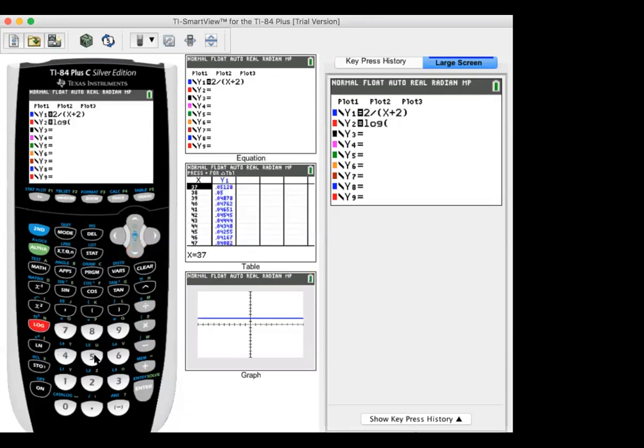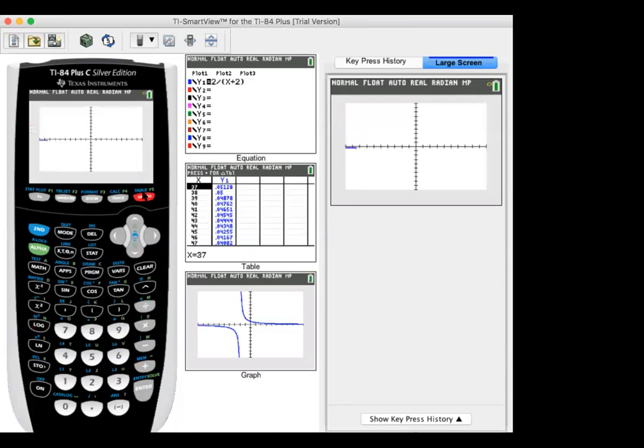Log, let's see, x plus 1 plus 3. And the plus 3 on the outside. So it shifted to the left 1 and up 3, whatever this function is. All right, it looks like the intersection's right there.